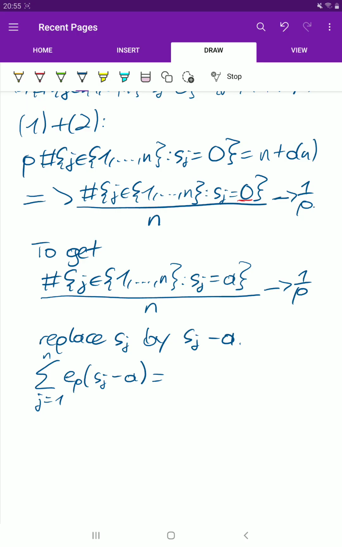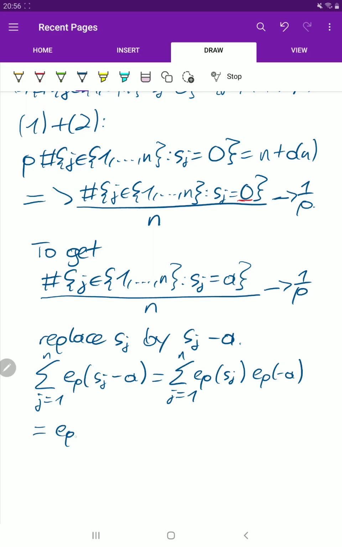It sends plus to times. It depends on which group you want to work with. Anyway, we get the multiplication, so we get the sum over j of EP Sj times EP minus a.